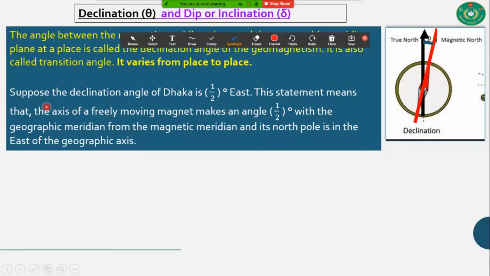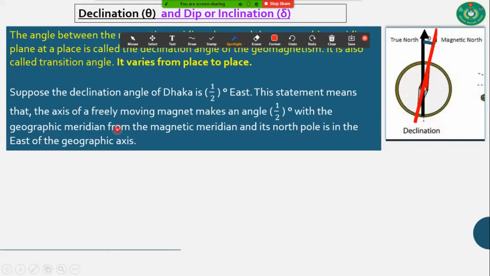Okay, let's see. Suppose the declination angle of Dhaka is half degree east. This statement means that the axis of a freely moving magnet makes an angle of half degree with the geographical meridian, but our concern is in which direction.